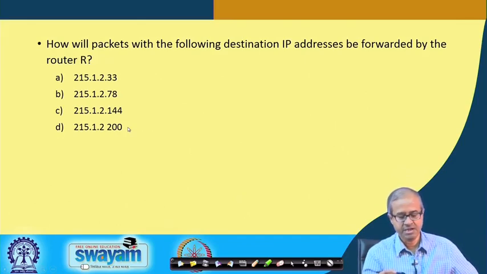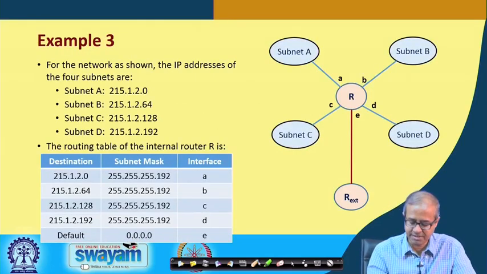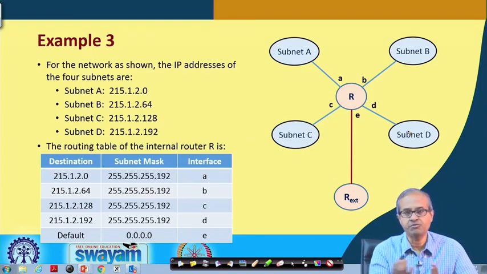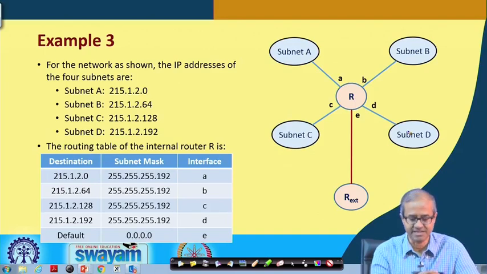Logically speaking, you can identify that the first one will belong to the range of subnetwork A, which I mentioned is 0 to 63, the second one will be in B, the third one will be in C, and the fourth one will be in D. But let us see how, according to this ANDing and comparison, this decision is validated.